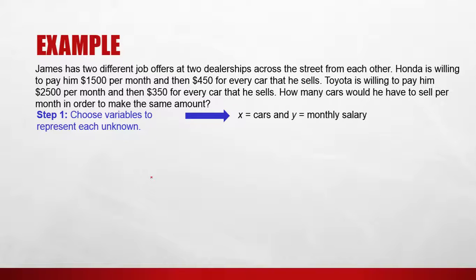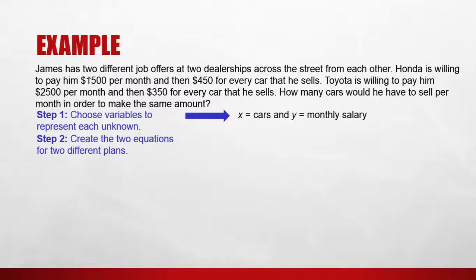Does the monthly salary depend on the number of cars he sells, or does the number of cars he sells depend on the monthly salary? As you know, we need to sell cars in order to increase our monthly salary, and that's why y is your monthly salary.